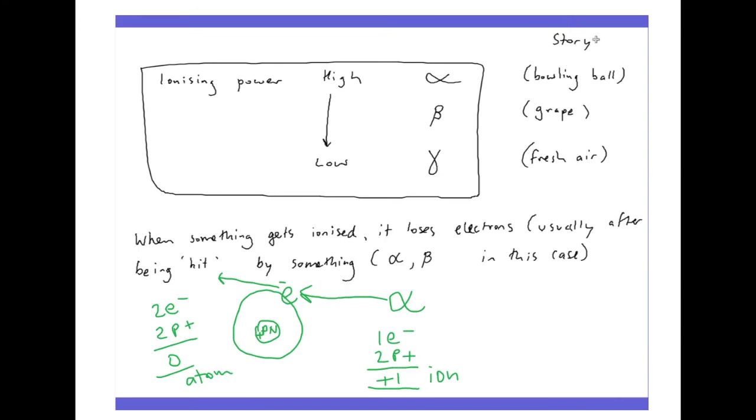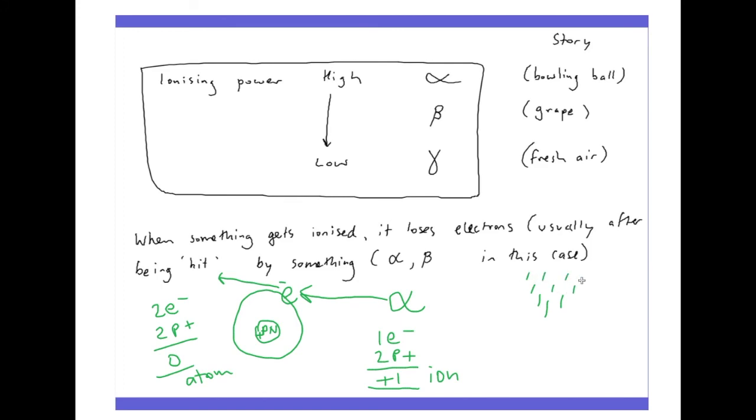I'll tell a little story. Your brain's quirky in the way that it likes to work. If you can come up with some kind of story, you'll be able to remember things easier. So in order to remember the ionizing power, I tell my students a story. Imagine you've got 10 pins, you must have been bowling before.